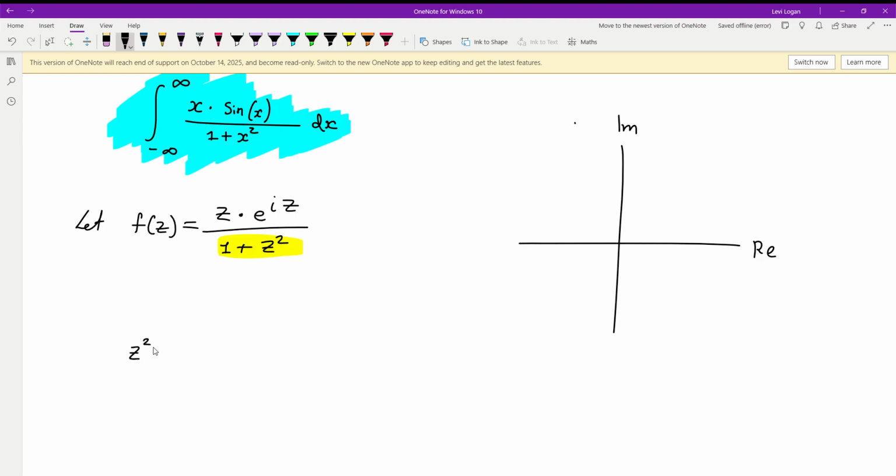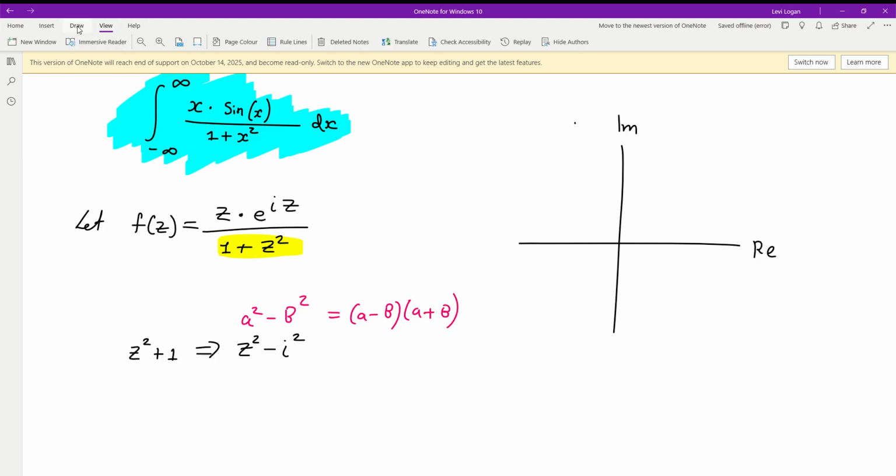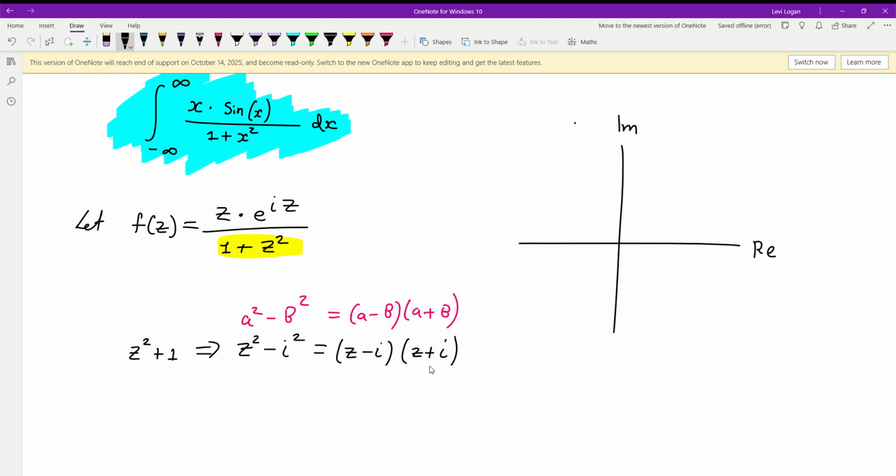So z squared plus 1, we want to rewrite that as z squared minus i squared, okay? This, as we can see, is clearly a difference of squares. So we can rewrite it like so here. We can rewrite the z squared minus i squared as z minus i times z plus i.